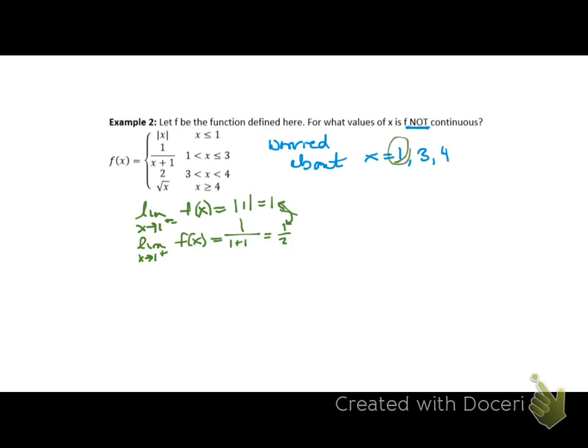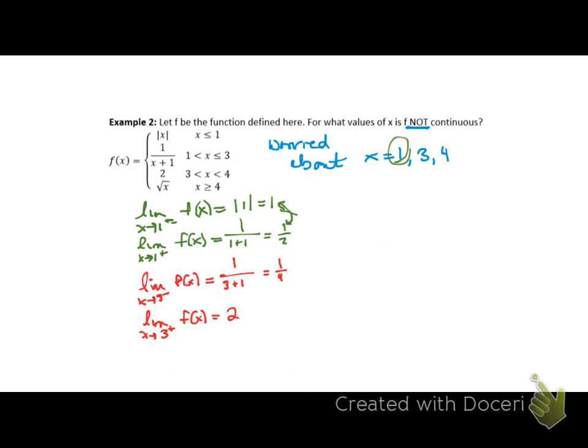Let's keep going. Let's do the limit as x approaches 3 from the left of f of x, which means we're plugging it into 1 over 3 plus 1, which is 1/4. And then the limit as x approaches 3 from the right of f of x, which is just 2, because that's the function between 3 and 4.